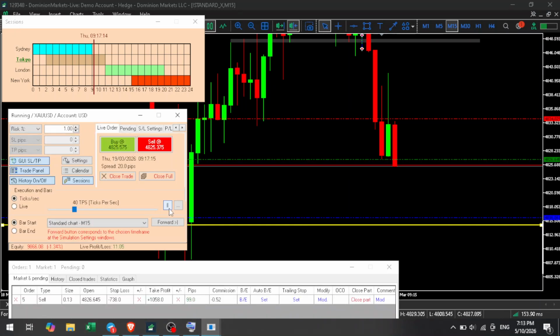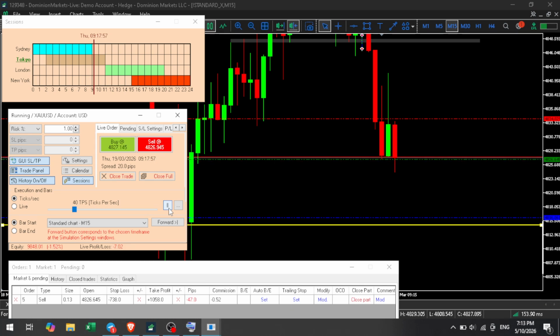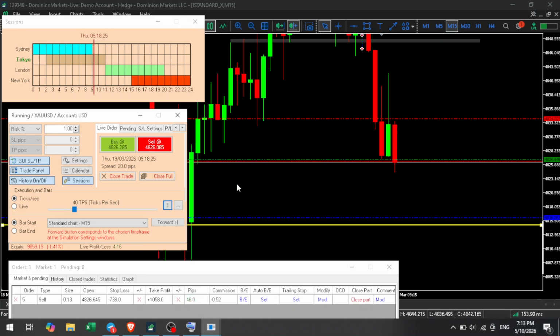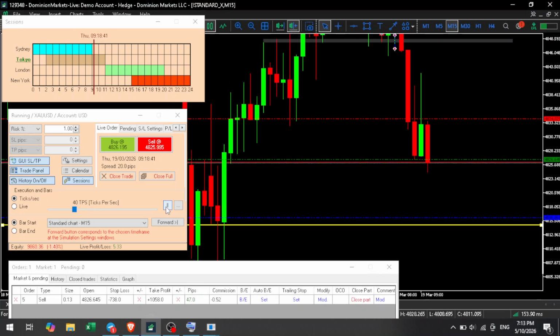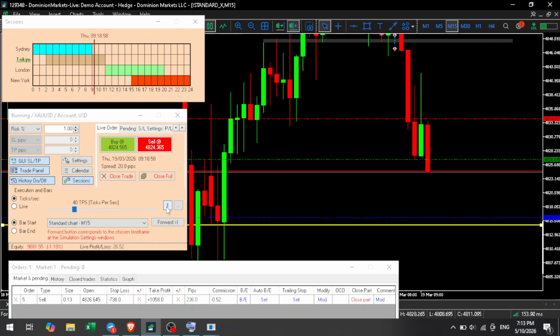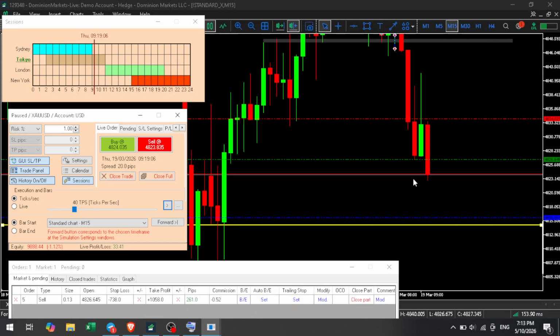Let's go, man, let's go. What do we have here? Price is pushing down. Now at this point, if it retraces back to our entry point, we should close something, because we are up about 26 pips.